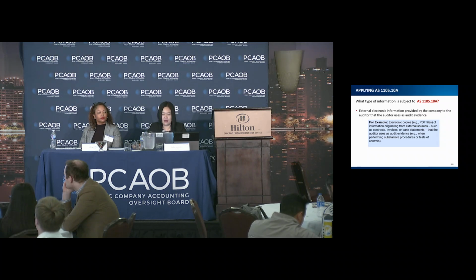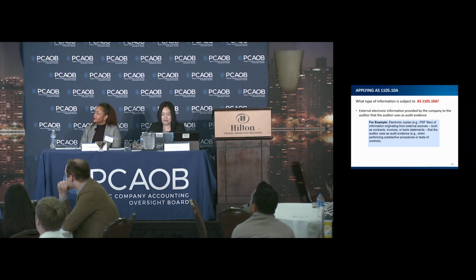The key here is that it is information the auditor is using as audit evidence, so in a risk assessment procedure, test of controls, or substantive procedure. Paragraph A10A does not apply to electronic information that is produced by the company or obtained directly by the auditor from an external source.